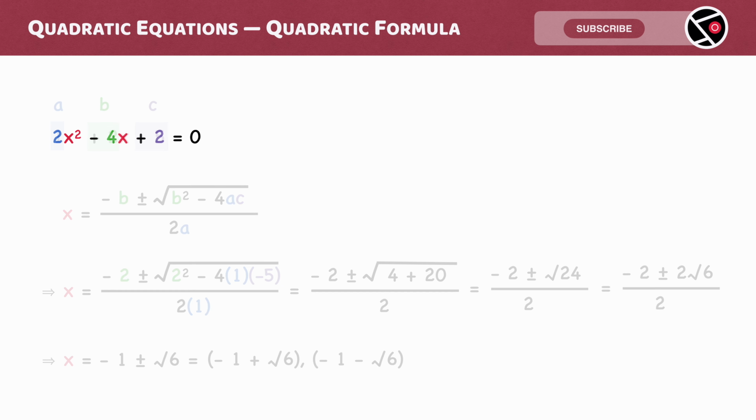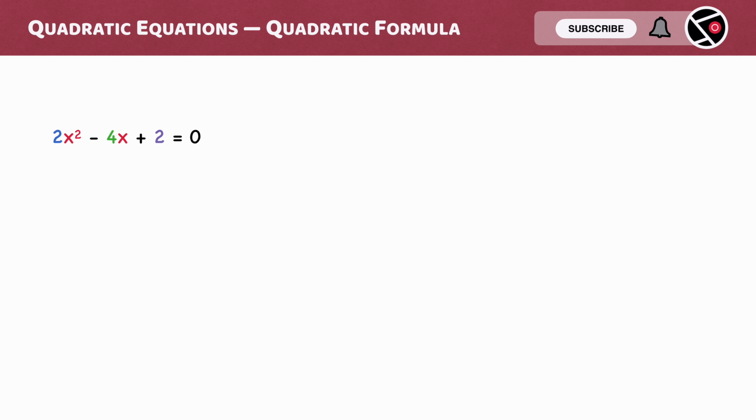Here is one more example. 2x squared minus 4x plus 2 equals 0. Please pause the video and give it a try. Alright, we have a equals 2, b equals minus 4, and c equals 2. As always, we start with the quadratic formula.